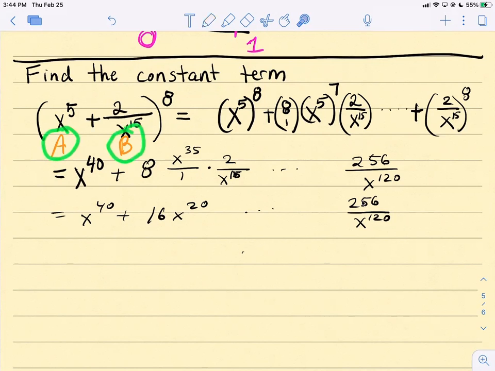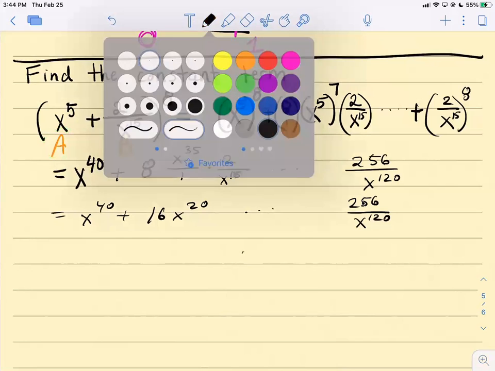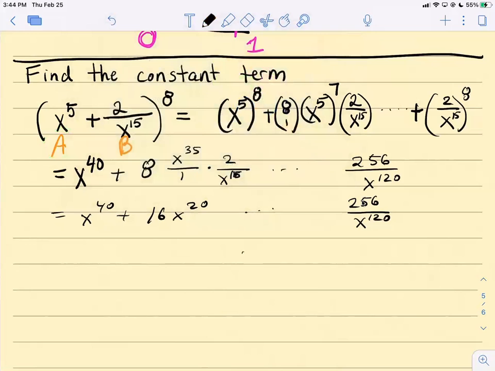The number of A's and the number of B's have to be in what proportion in order for them to cancel? So what is the proportion of the number of A terms to the number of B terms? How many things that look like A do I need to cancel out things that look like B, for the x's to cancel?